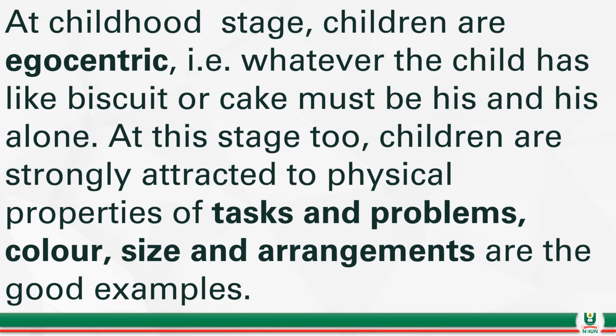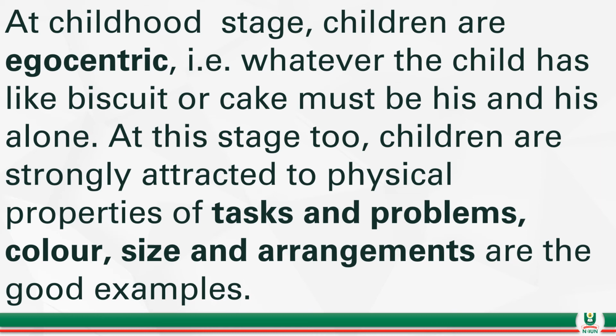So at childhood stage, children are egocentric. Give them sweets, ask them to give you back, it becomes a problem. They want everything to themselves. They want everything to be theirs. They are so egocentric. And at this stage also, they are attracted to physical property of tasks and problems. They are attracted to colors, to sizes, to arrangement. They like to arrange.